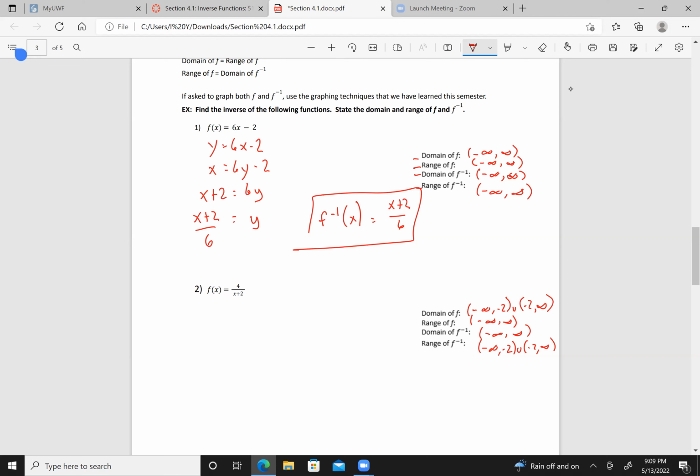So let's see what happens here. Okay, so I have y equals 4 over x plus 2. I change my x and my y. So I get x equals 4 over y plus 2. I want to solve for y. To do that, I need to multiply both sides by y plus 2.